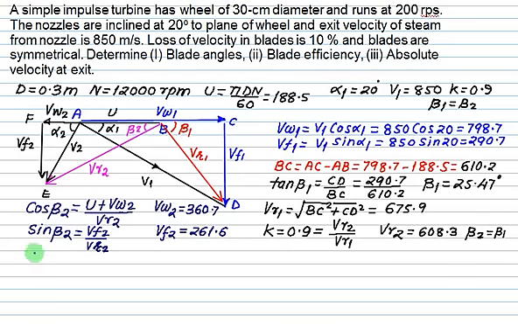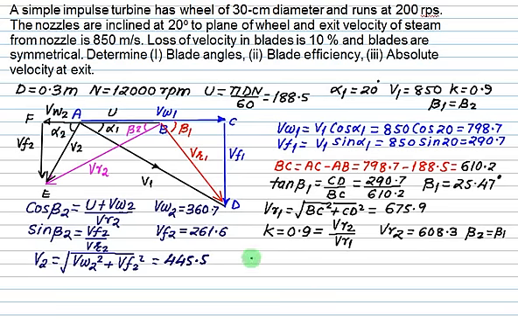Apply the Pythagoras now. So what is V2? V2 equals under root of Vw2 square plus Vf2 square, 445.5.